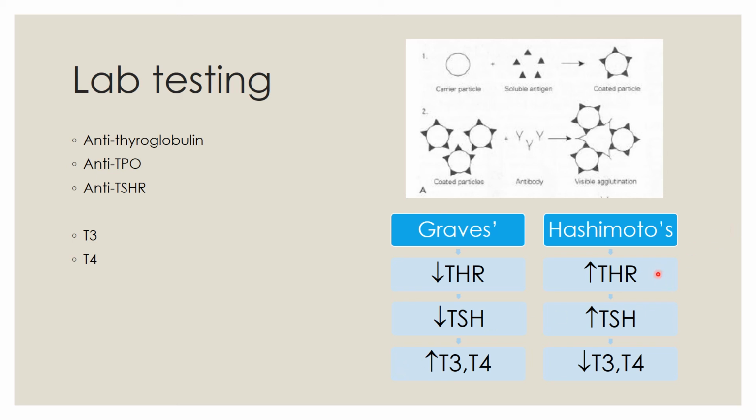In Hashimoto's, TSH is up, and your T3 and your T4 are down. So you can have opposite results for these.